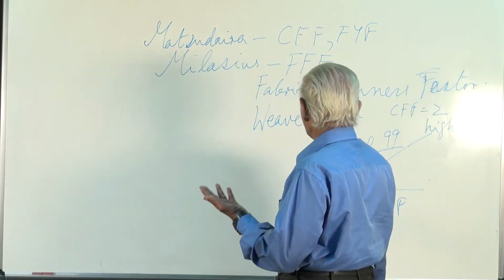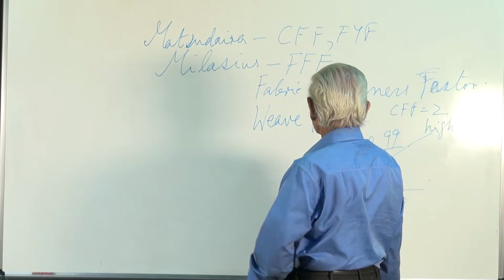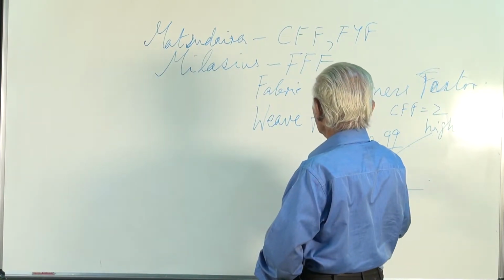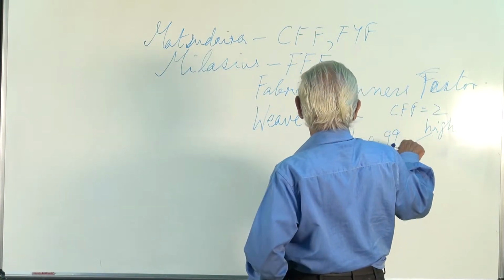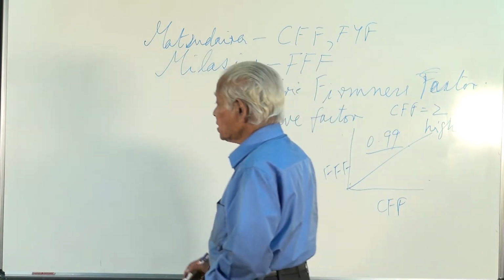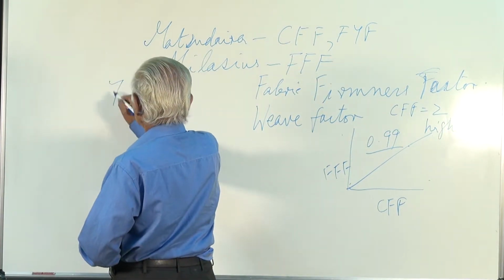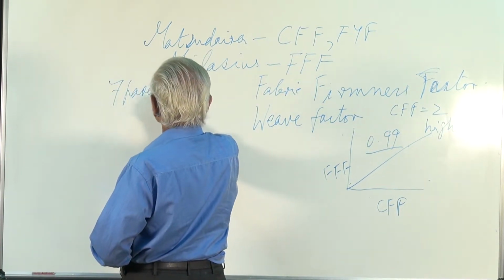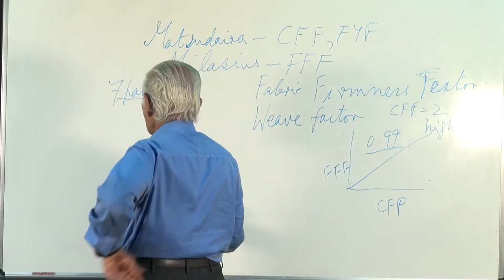But then the V factor is also found to have an effect on many of the fabric properties, which is included in this fabric firmness factor. So there are 7 parameters which are required for calculating this fabric firmness factor.